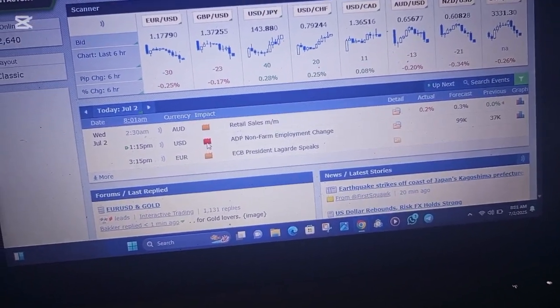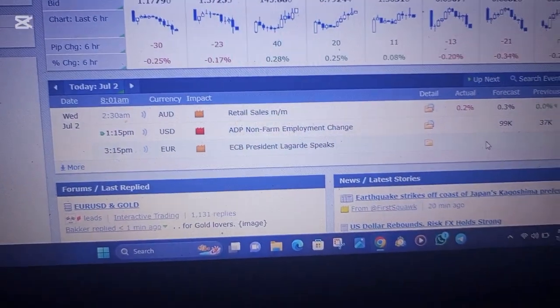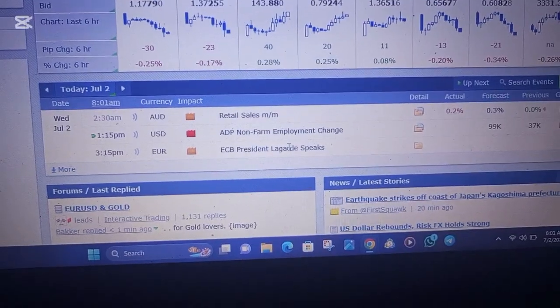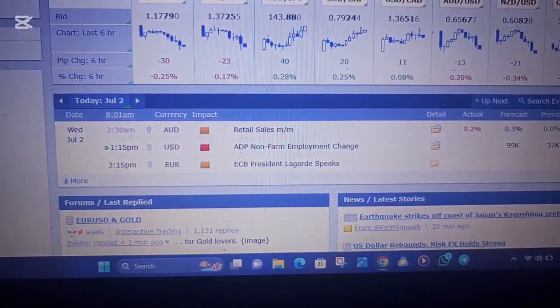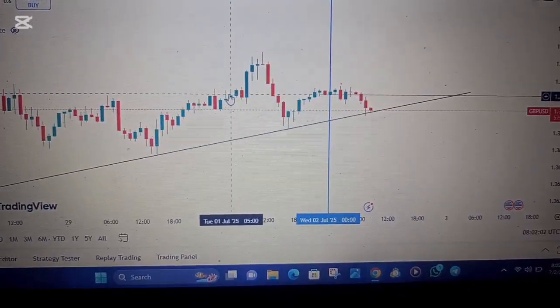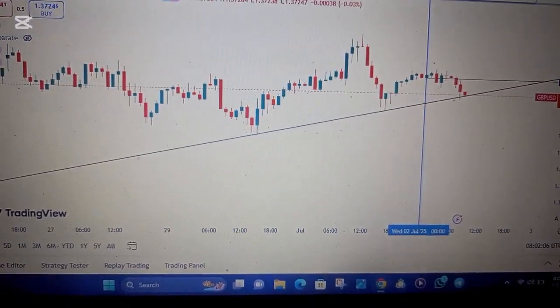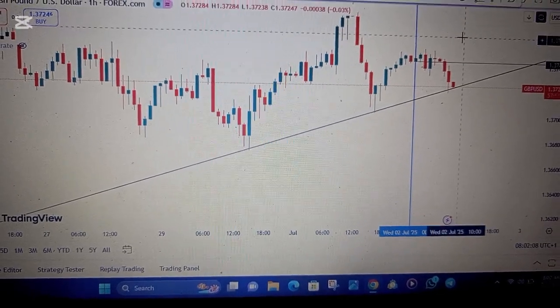We are expecting news by 1:15, as you can see down there. That's the non-farm employment change. So we can ignore the fundamentals and continue with our technical analysis. This is pure price action.